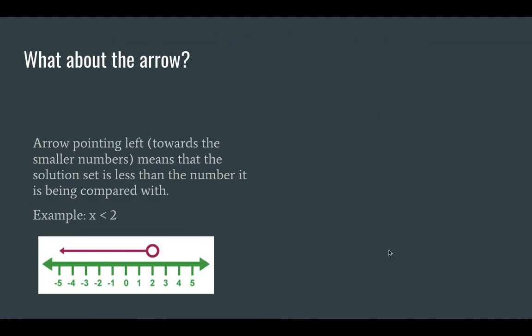Now let's remember about the arrow and which way it should point. So the arrow will point left towards the smaller numbers. That means that the solution set is less than the number it's being compared with. So in this example, we have x is less than 2. So we have an open circle at 2 and an arrow pointing to the left. Just say that x is any number that's less than 2.